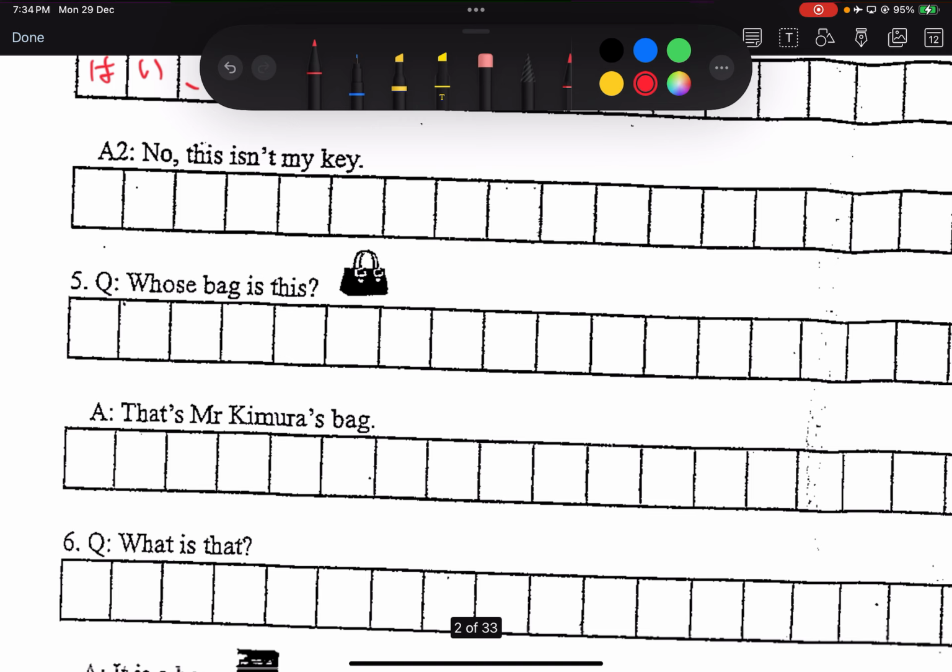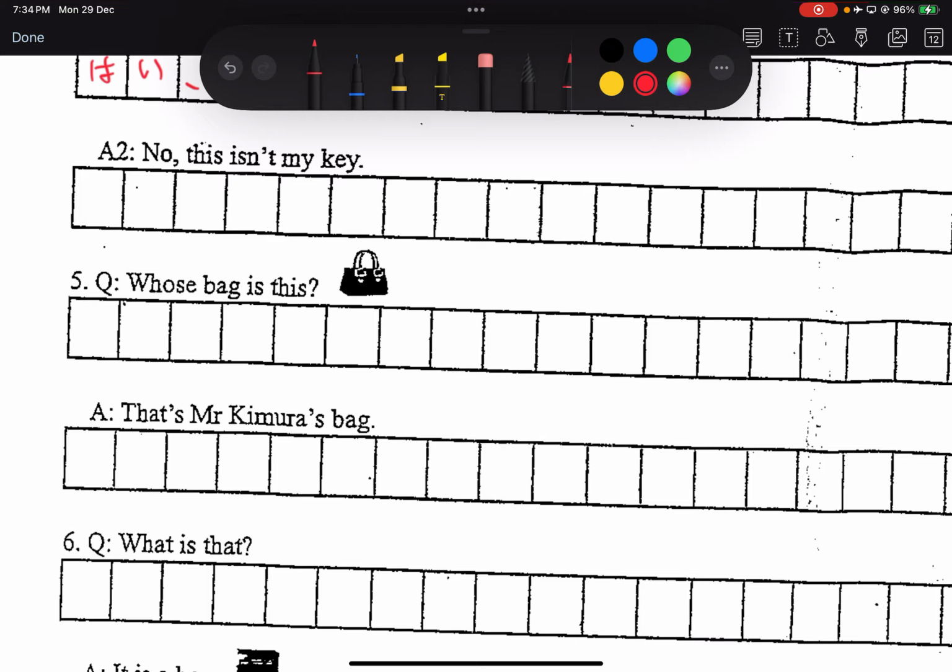Okay, number A2, no, this isn't my key. いいえ、この私のではありません。 You cannot use この, you have to use これ in this case. いいえ、これは私のではありません。 I've never said the word kagi, so you can put in the word kagi, but I'm just saying it's not mine.